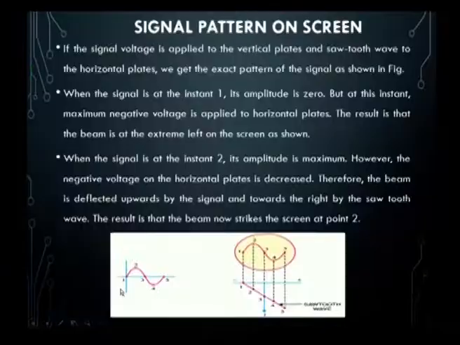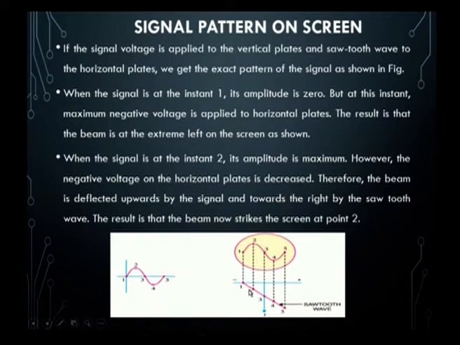When we give both, the sinusoidal waveform for the vertical plate and the sawtooth for the horizontal, we are able to get a sinusoidal waveform appearing on the screen. So, for getting a signal pattern, we need to give the sinusoidal waveform to the vertical plate and a sawtooth wave to the horizontal plate.